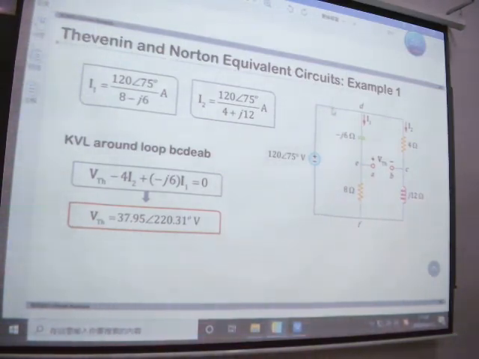Sorry, it's not like this. Sorry, my mistake. It is the current divider. Yes, it's current divider, because this one is one branch, this one is one branch. It's strange, why is it like this?